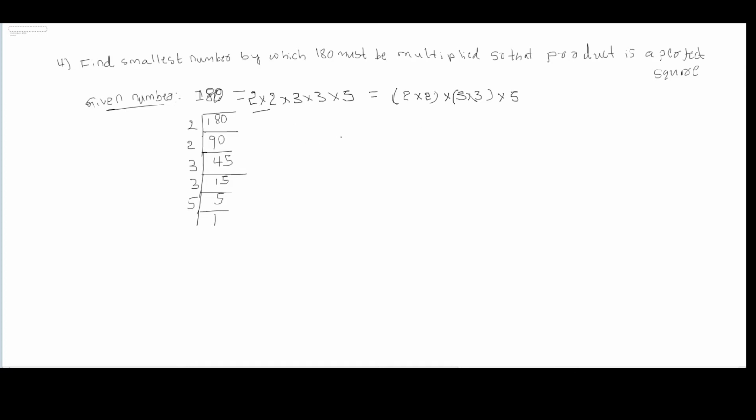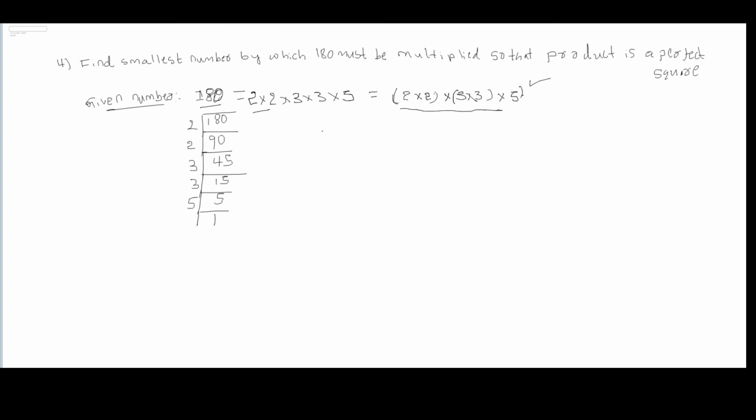See here, if one more factor 5 comes here, then the product becomes a perfect square. Sorry, not 180 becomes a perfect square, but the product will become a perfect square. It means that if you multiply this 180 with another 5, we get a perfect square, isn't it?